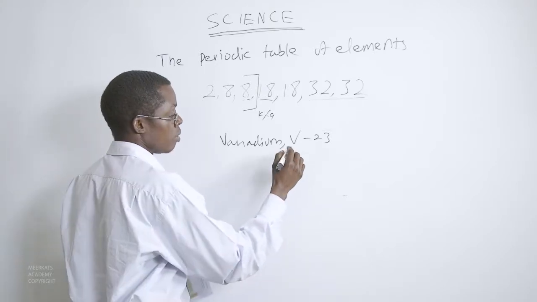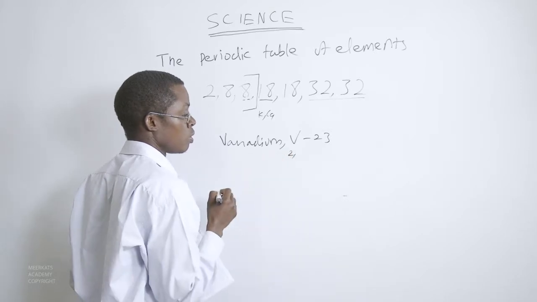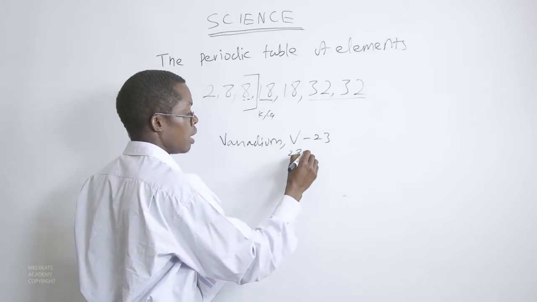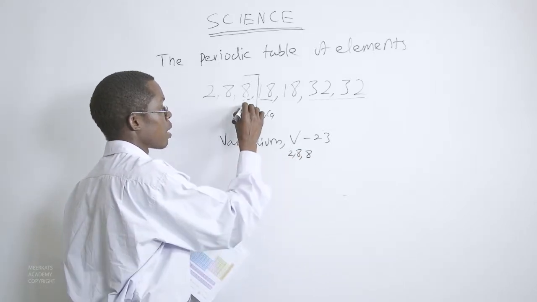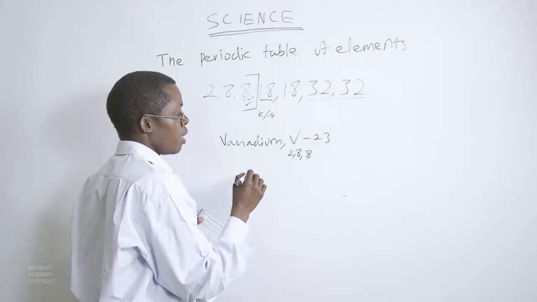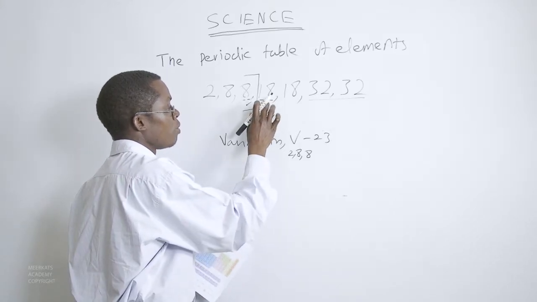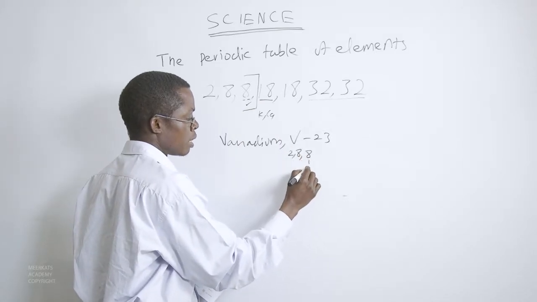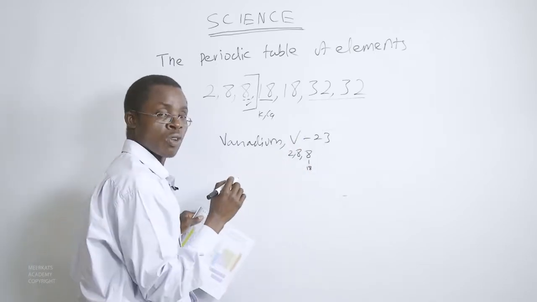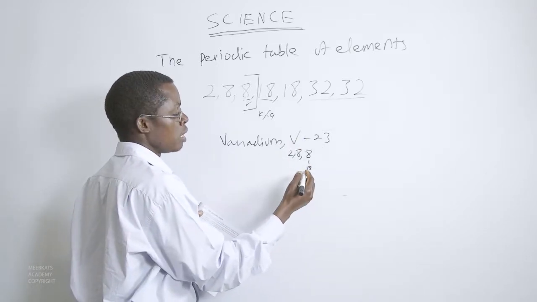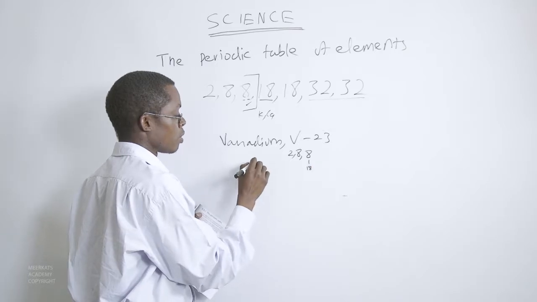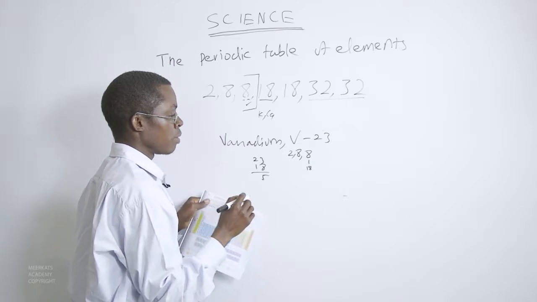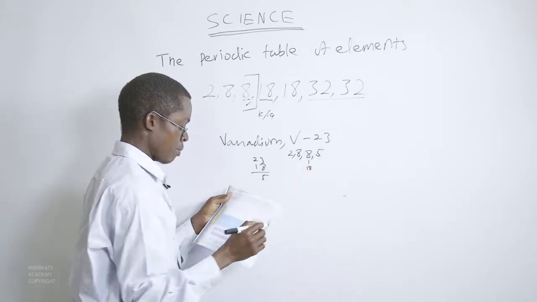So we have 2, 8, that is 10, 8, that is 18. We are now at this point. Now we need a maximum of 18. At this point we already have 18. We will need to go to 23. How many are we missing? So we have 23 minus 18, and that gives us 5.